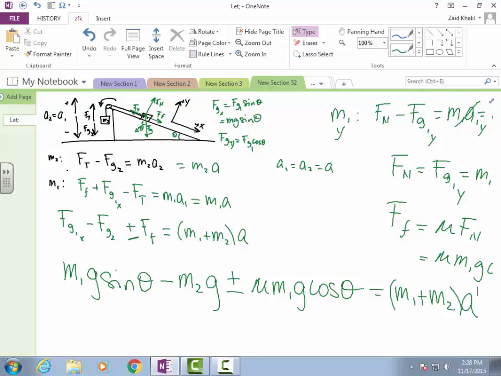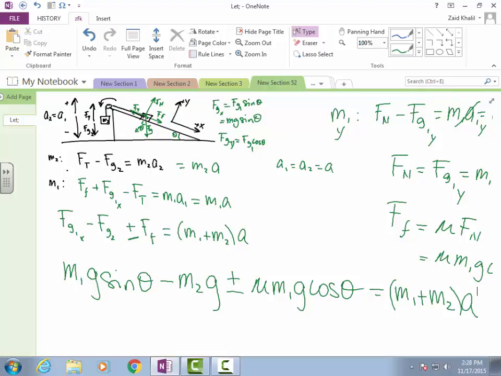You get the acceleration's equal to... pretty incredible, right? So now, what do we have to solve for? We have to solve for the tension. So we have A. Now we have to solve for Ft.